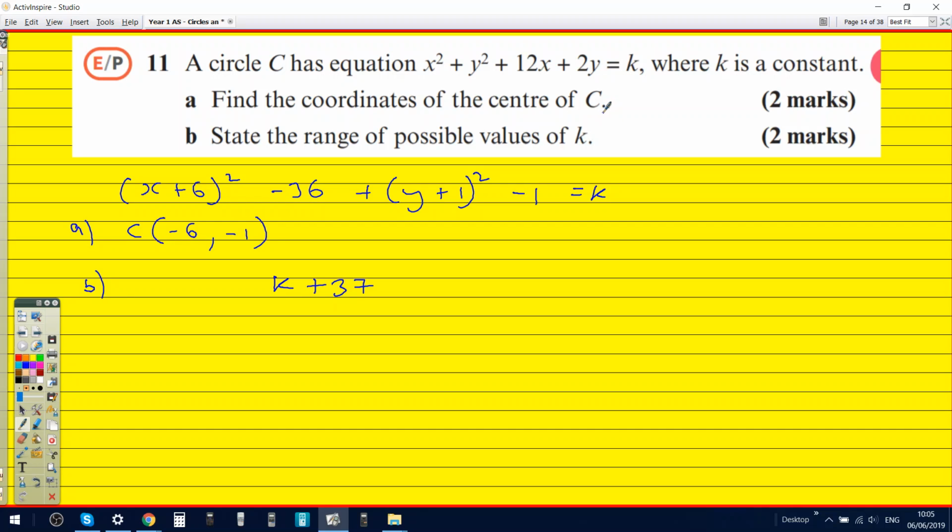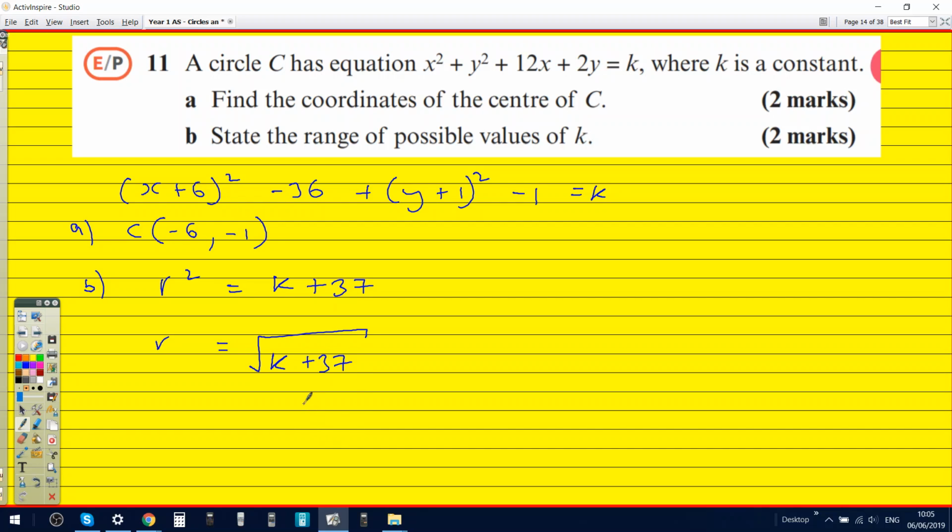So it's the radius squared. So what would be the radius? Root k plus 37, isn't it? Yes, sir.